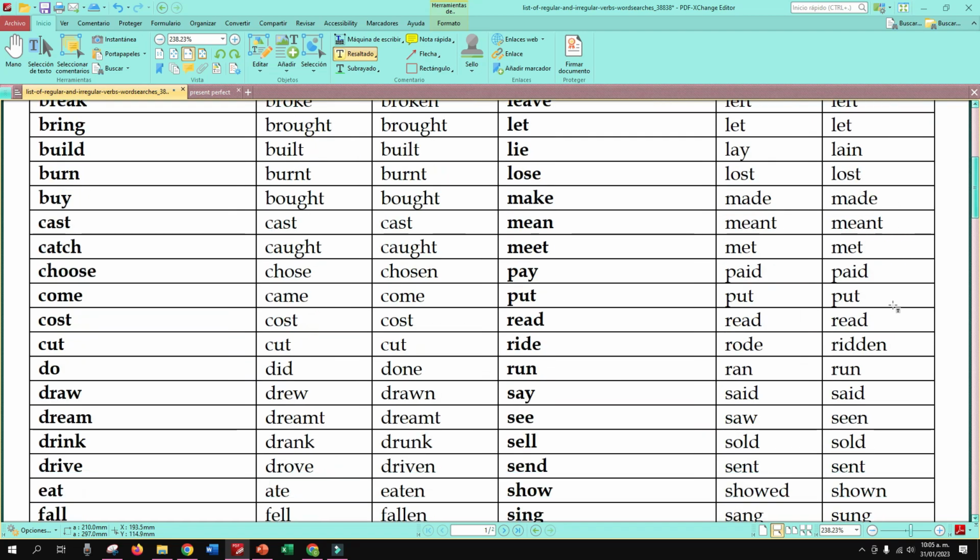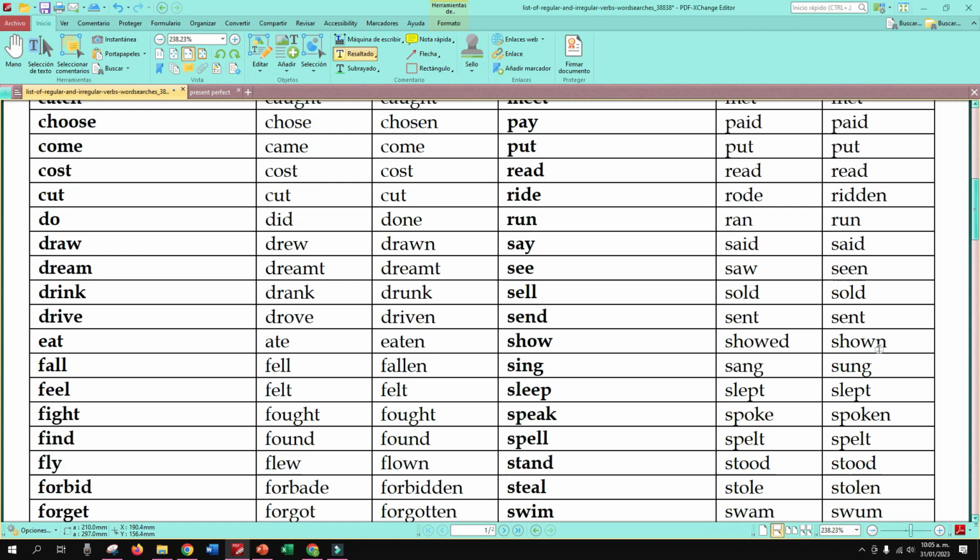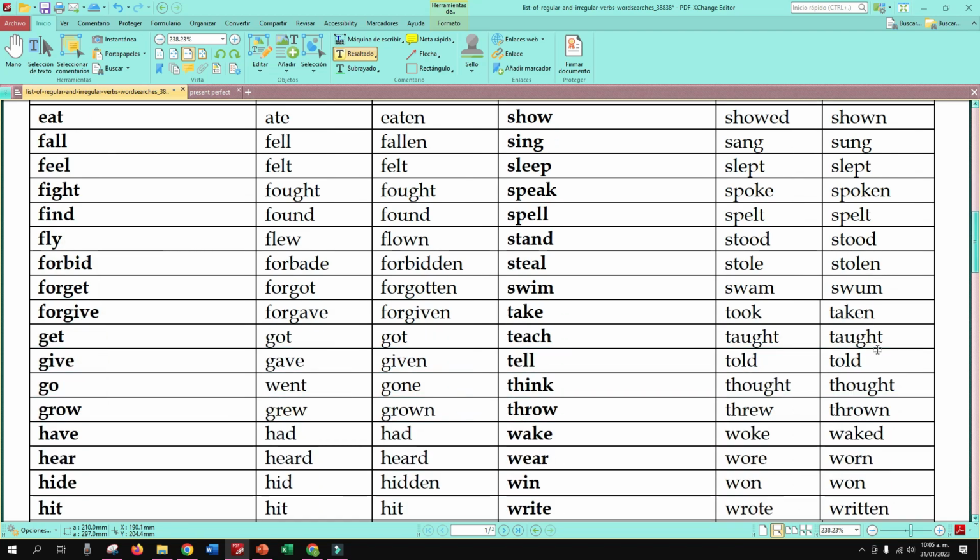Also, you have make, made, made, or pay, paid, paid. Also, here you have see: see, saw, seen. So I will send you this list. Also, you have think, thought, thought, tell, told, told, swim, swam, swum.